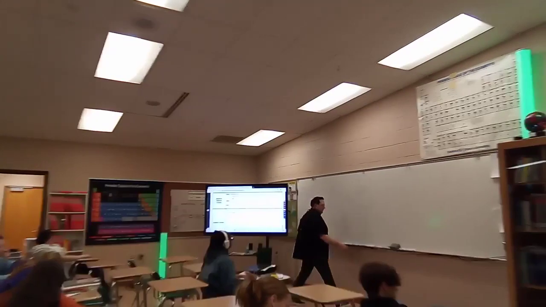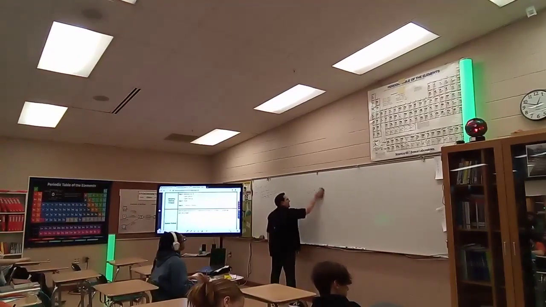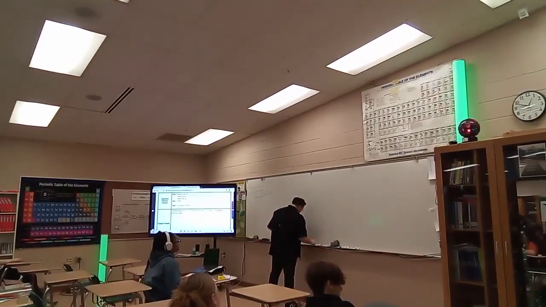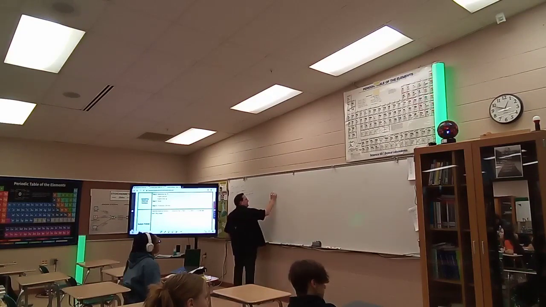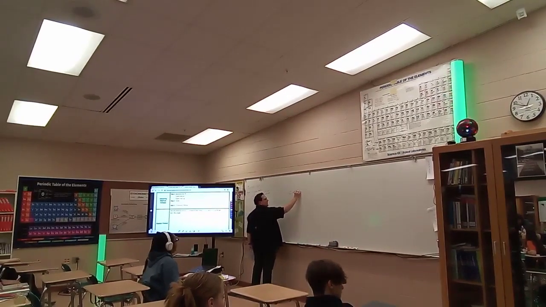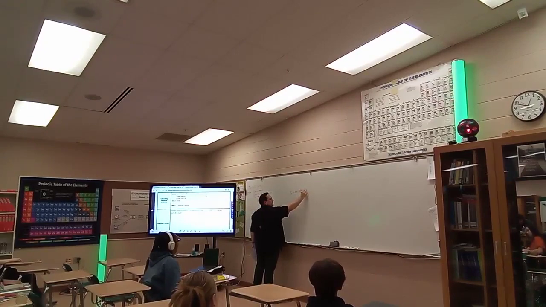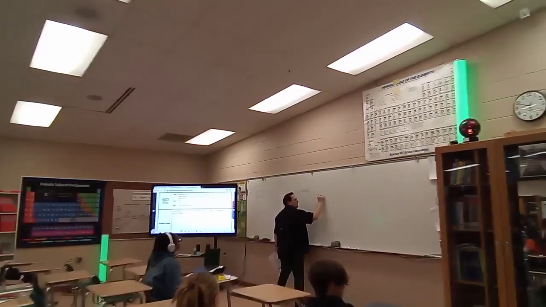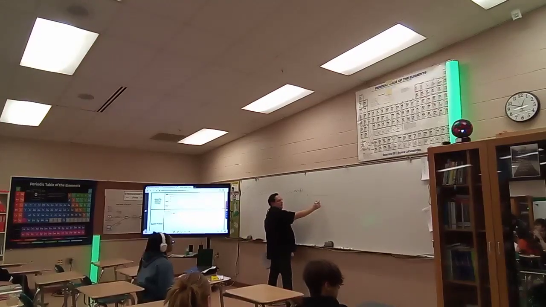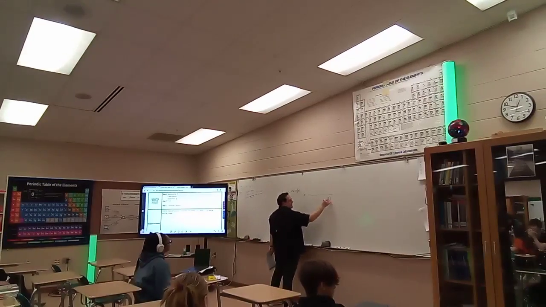So all you're doing for that looks like this. You have a given mass. So I'm going to put it in grams over 1. You're going to have grams on the bottom, right?